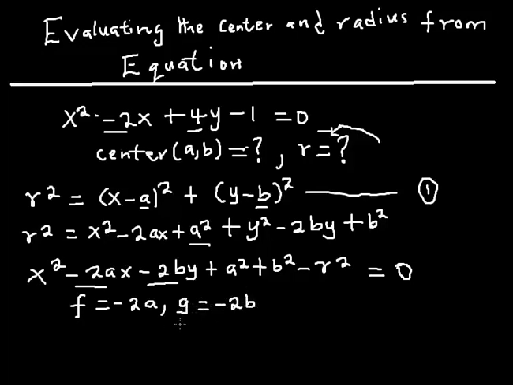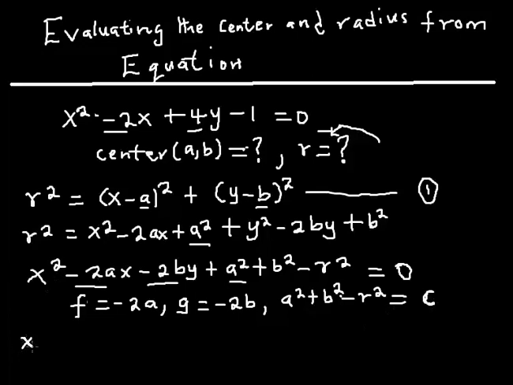So in this case, all these constant terms, which of course is a squared plus b squared minus r squared, don't have any variable attached to them. So let me use c to represent those constant terms. So I can now write my equation of a circle in standard form.